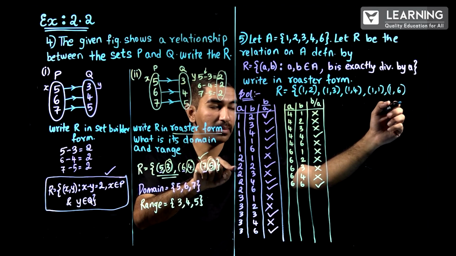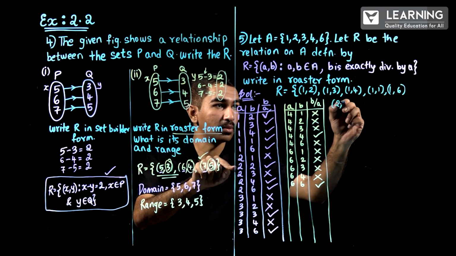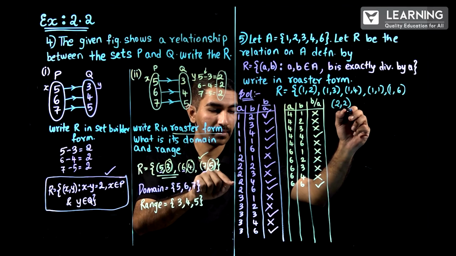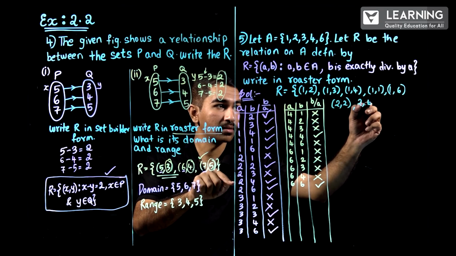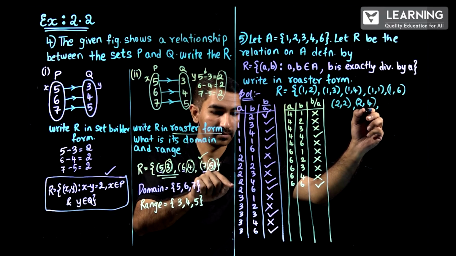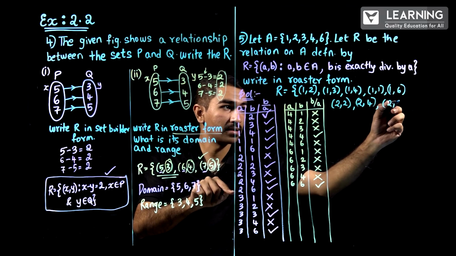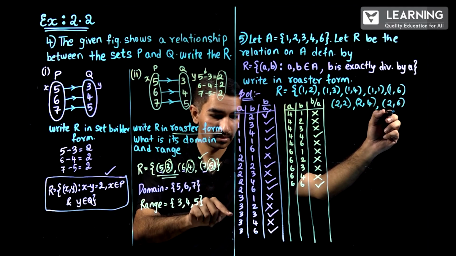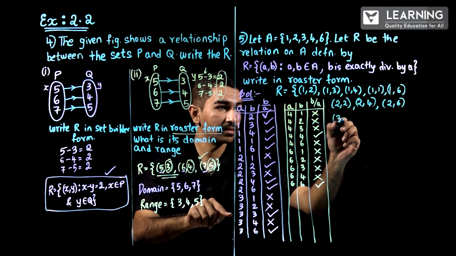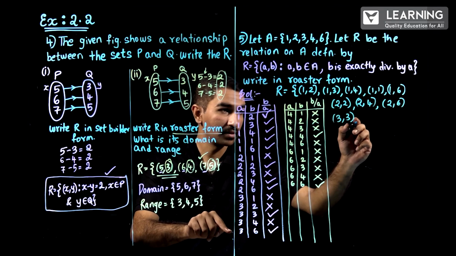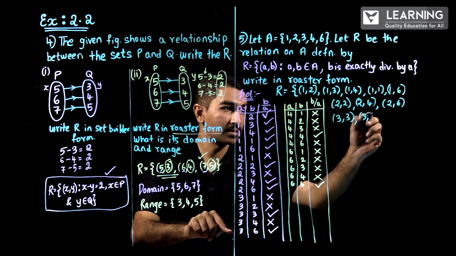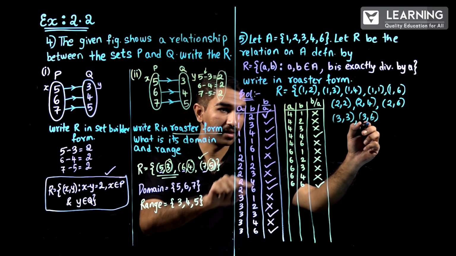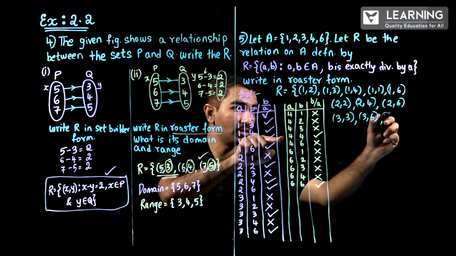No. Next we'll be writing 2,2, 2,4, 2,6, 3,3, 3,6. Okay, after this 4,4.